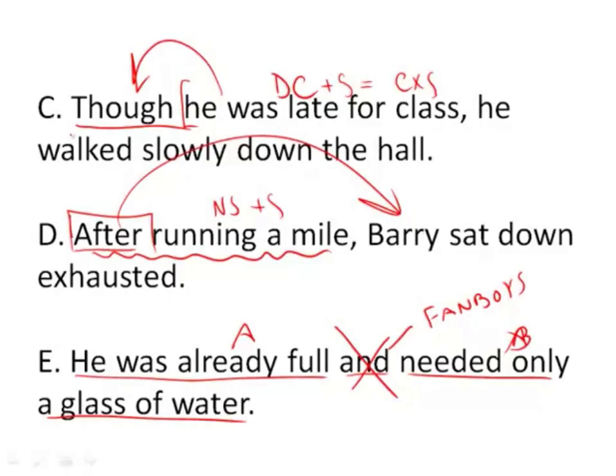Again, you need these subordinating conjunctions to make sure that you have a complete sentence. And you can't simply have the word and here. That would not give us a complex sentence.